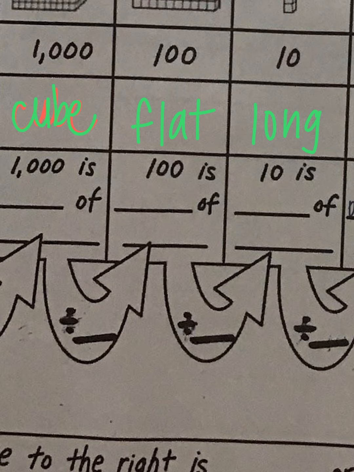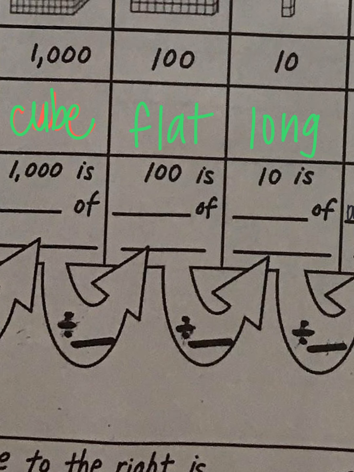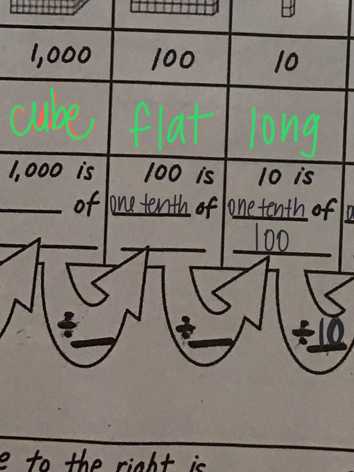Okay? Let's keep going with that pattern. If I move over to the tens column, 10 is 1/10 of how much? 100. So to get from the tens place to the ones place, I divide by 10. 100 is 1/10 of 1,000.